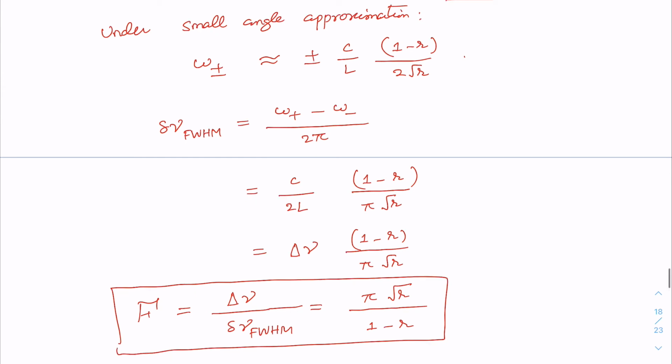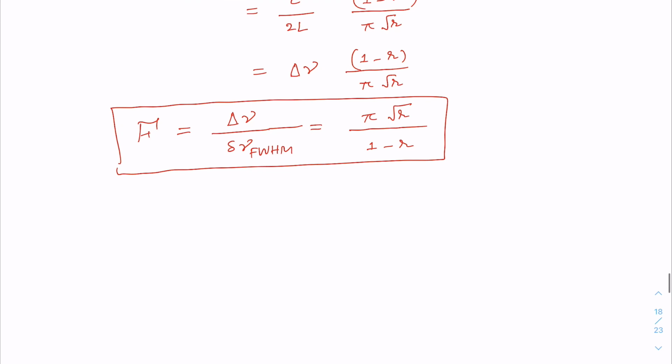Now in terms of finesse, we can rewrite the intensity expression. The expression that we had earlier was, I'm repeating it again, I is equal to I0 divided by 1 minus R whole square plus 4R sine square KL.